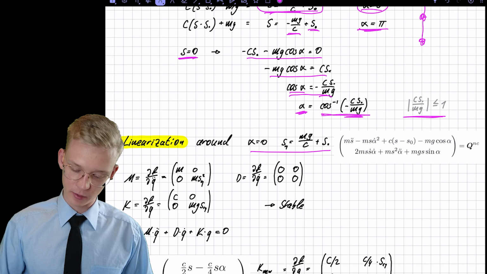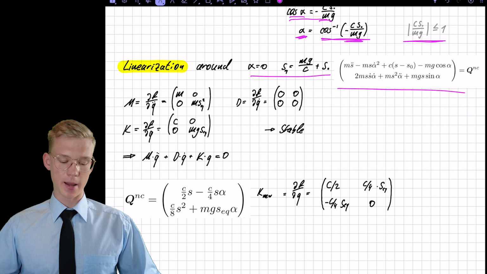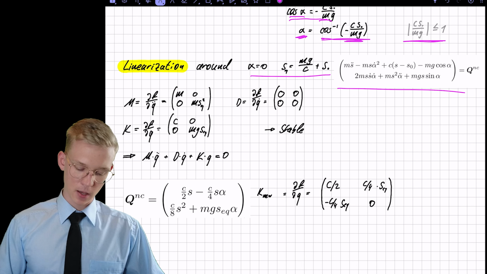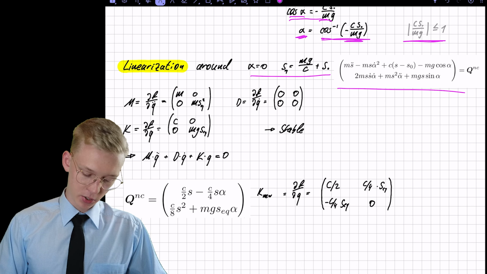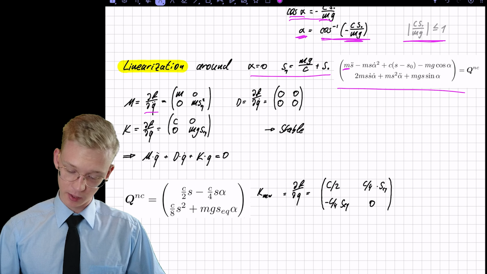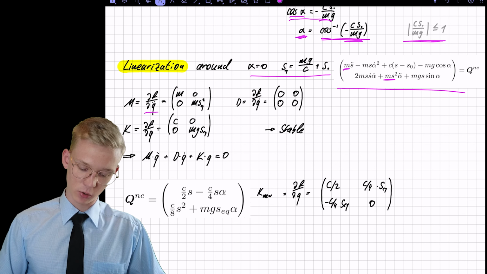Again, we have here our equations of motion, and now we do the partial derivatives to get the M, K, and D matrix. For the M matrix, we have to look at the Q double dots, so we have an m here and m s squared there. So this is all we need. In the first equation, we have an s double dot, and in the second equation, we have an alpha double dot.